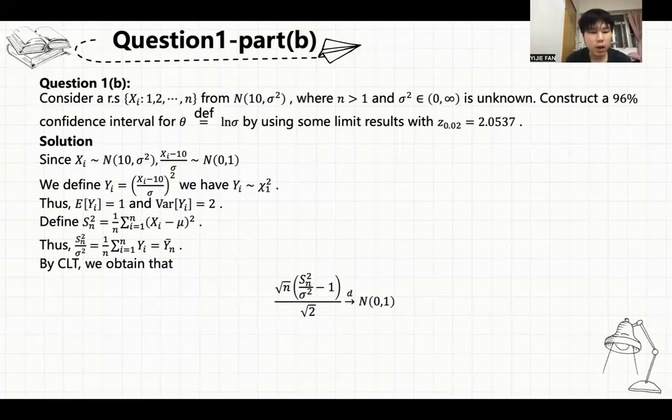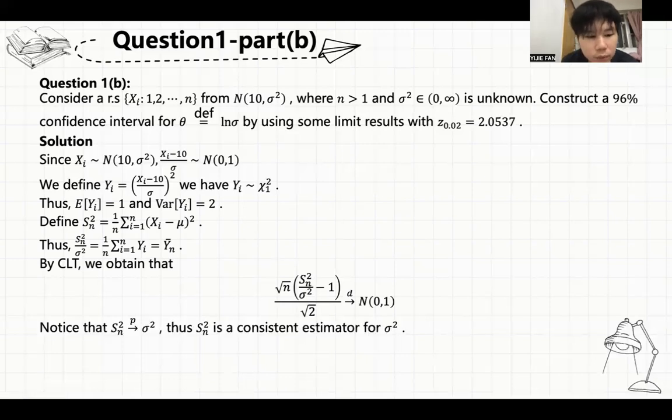Okay, and now by the central limit theorem, we obtain that this random sample converges to a standard normal distribution N(0,1).